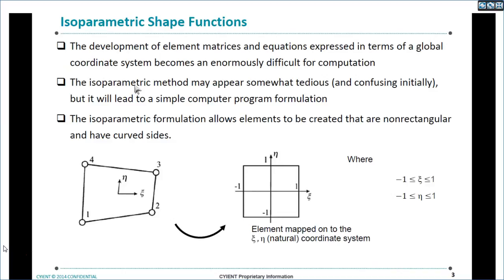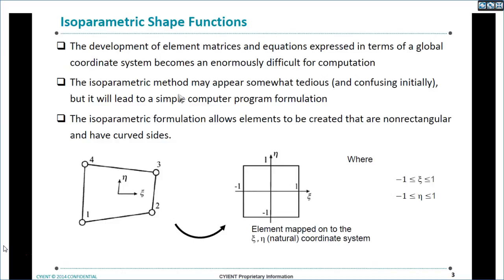Let us understand more about isoparametric shape functions. When shape functions are derived using the natural coordinate system, we usually call them isoparametric shape functions. Why do we need them?